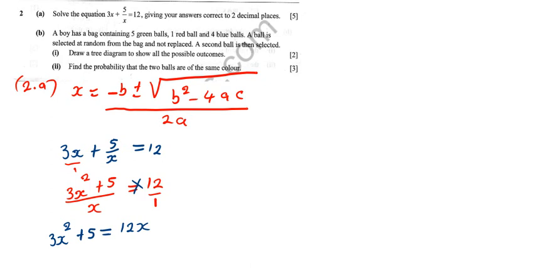So now we can write it in standard form, which is 3x squared. The 12x will come to the left side, and after crossing the equal sign it will be negative 12x, plus 5. This side will remain with a 0.